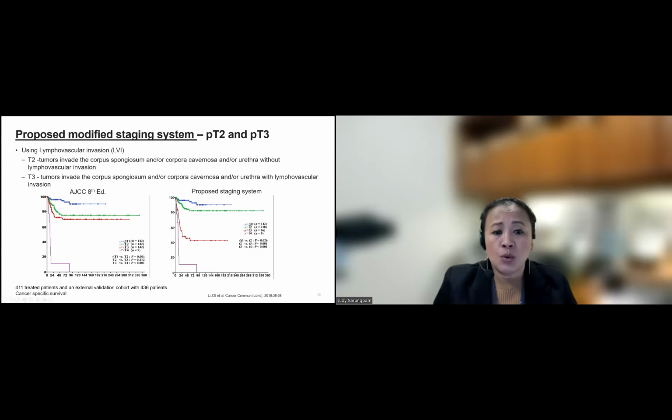In their study, there was no significant difference in cancer-specific survival between PT2 and PT3 in both the training and validation cohorts according to the AJCC 8th edition, while it is significant in the proposed system. Here is the Kaplan-Meier curve representing the validation cohort from their study. You can see the small separation, and this is the proposed system.